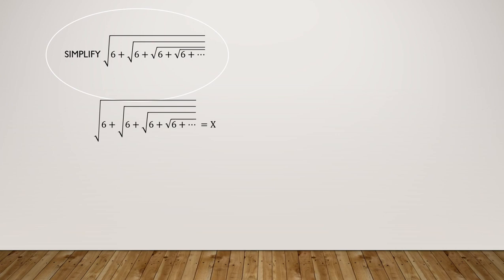I can easily say the square root of 6 plus the square root of 6 plus the square root of 6. If I take three of it and add it to infinity, it is also x, in this way. I could remove the first one again and have just the rest. It is also x.